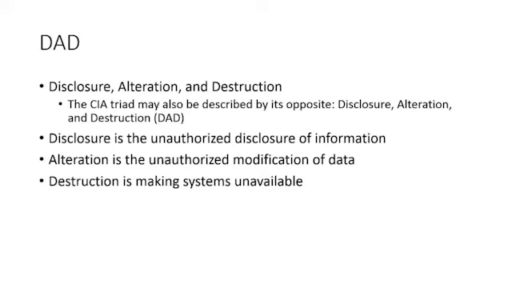It would be the opposite of confidentiality. Alteration is the unauthorized modification of data. That would be the opposite of integrity, right? Because integrity is trying to keep people from changing that information. And destruction is making systems unavailable, which is a direct violation of availability.